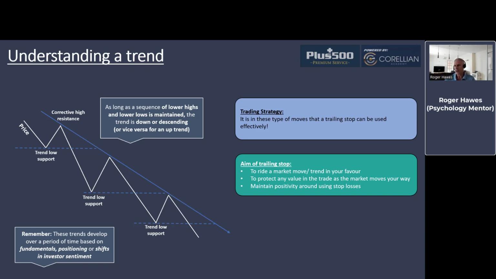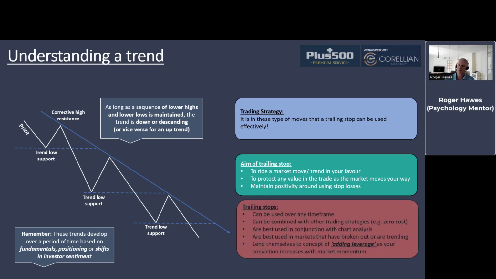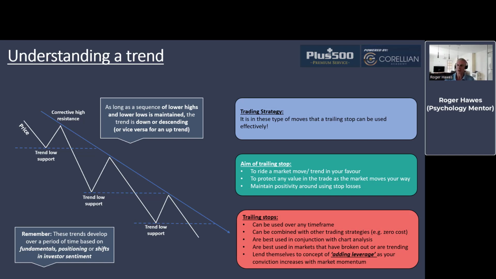And the other side of it is there is generally a negative stigma around stop losses and the utilization of stop losses. And given the nature of this stop loss, in most instances, if it works well, it becomes a stop profit. And hopefully that increases the positivity of using such an order type.